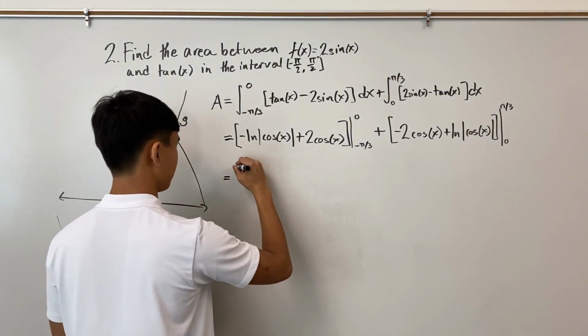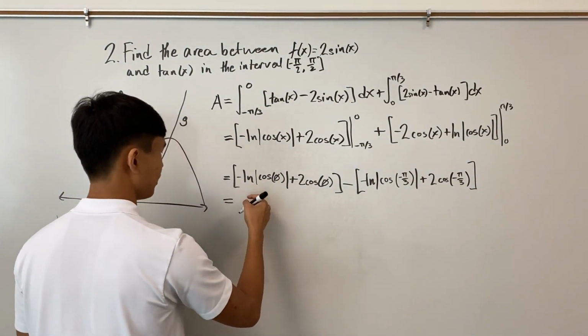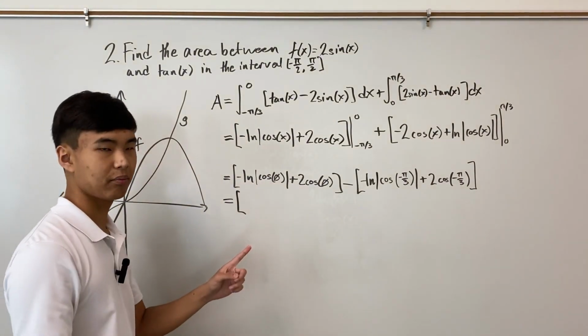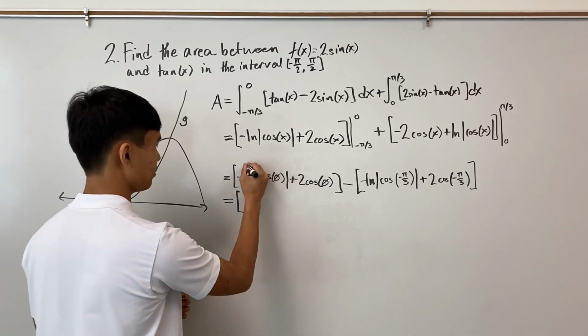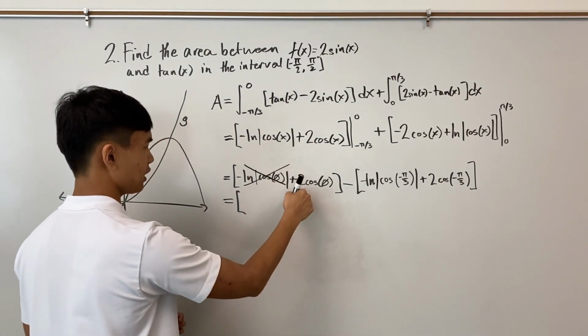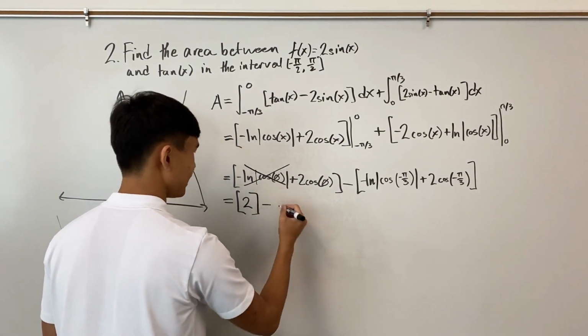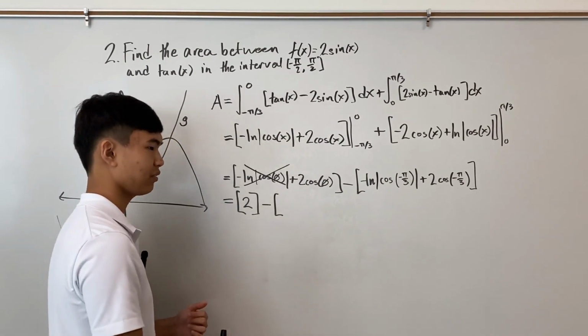So we have like this. And evaluating this, cosine of 0 is 1, and ln of 1 is 0. So this is 0, and plus 2 times 1, here's 2, minus, so the cosine of negative pi over 3 is positive 1/2.